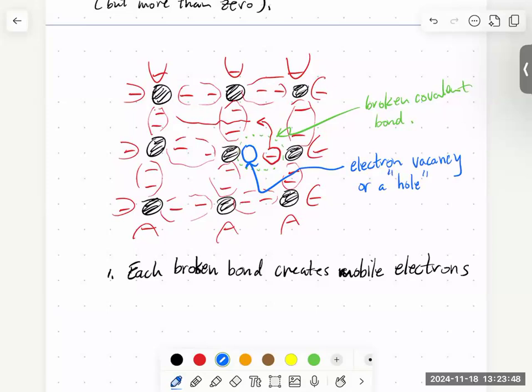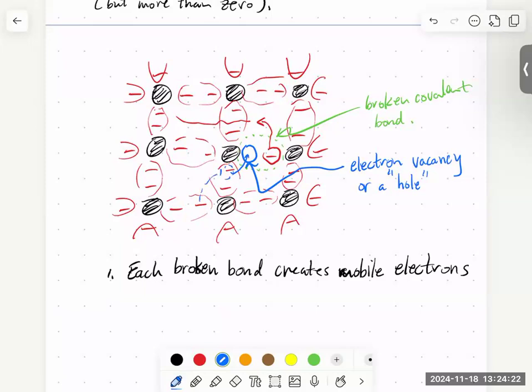Now what happens with this hole is I could have an electron here jump in and fill that hole, but then I have a hole over here. And now I can take this electron and it fills that hole, and now my hole's over here. So effectively, instead of thinking of different electrons always filling that hole, we can imagine this hole is moving throughout the material as well. We take an electron and it jumps into that hole, and so now our hole's over here.